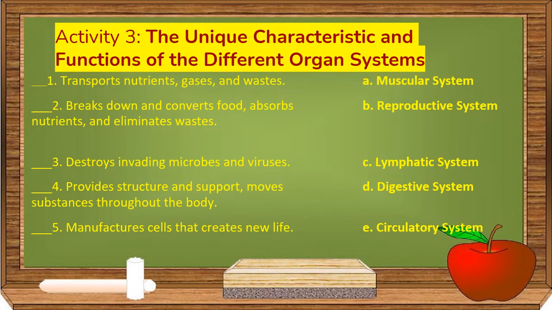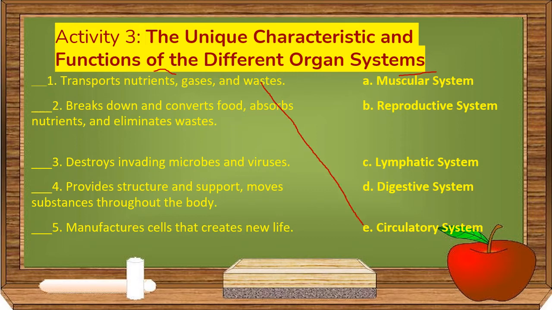For activity number 3, the unique characteristic and function of the different organ systems. Match column A to column B. Column A, the unique characteristics and functions, and column B, those are the organ systems. Let's have number 1. Transports nutrients, gases, and waste. So, what organ system is involved in these functions?